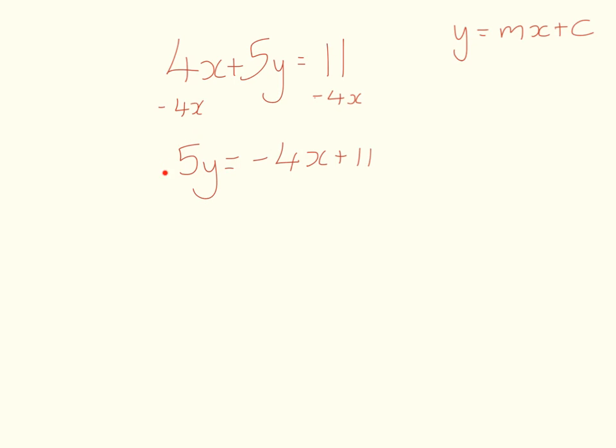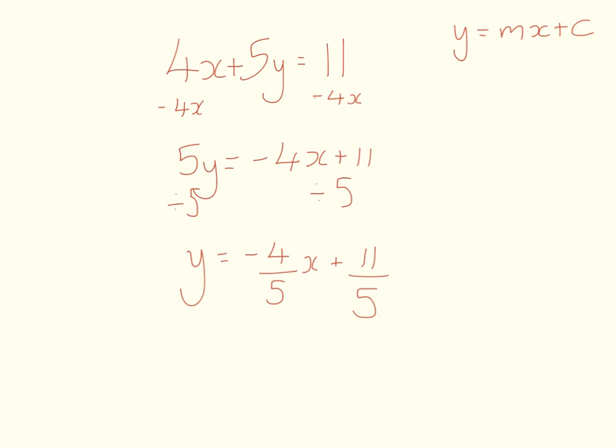So in order to get rid of this 5y, this y is being multiplied by 5, so the opposite of multiplying by 5 is dividing by 5. So I'm going to divide the left hand side by 5 and the right hand side by 5. So that will give me y equals minus 4 fifths x plus 11 fifths.